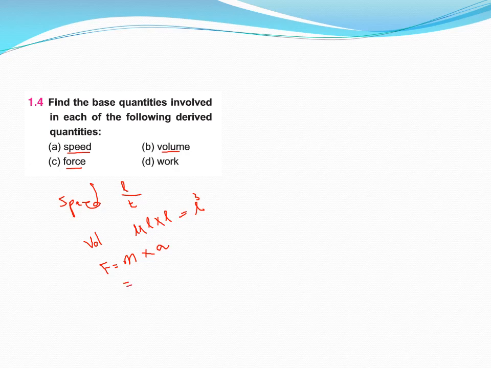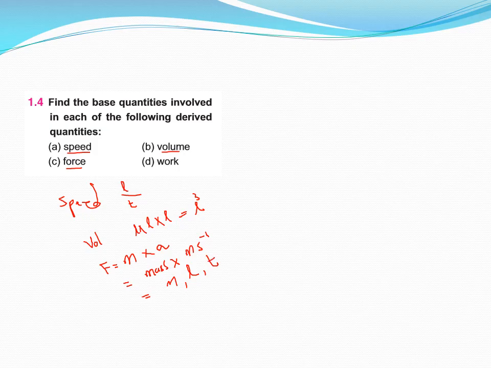The unit of mass is kilogram, and this A is for the acceleration, whose unit is meter per second squared. So mass is involved, length is involved, and time is involved.